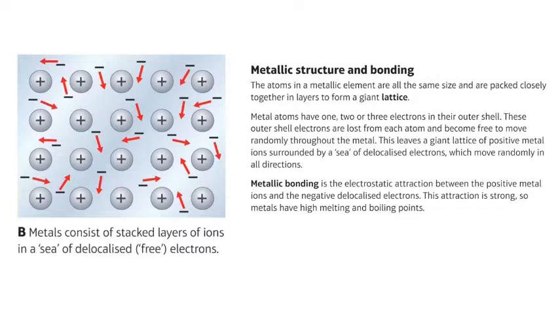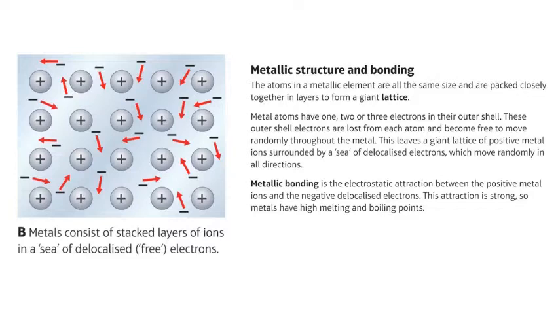So you end up with a very tightly packed lattice of positively charged ions from the metal, surrounded by a sea of free electrons. Free as in they're free to move around. All of those outer electrons are released by the metal ions, and those free electrons surround the positive metal ions and can move around wherever they want to go.